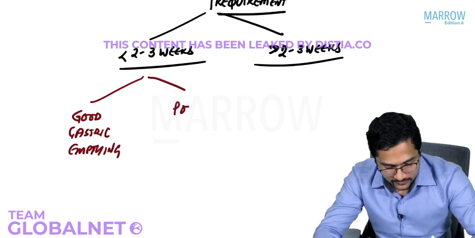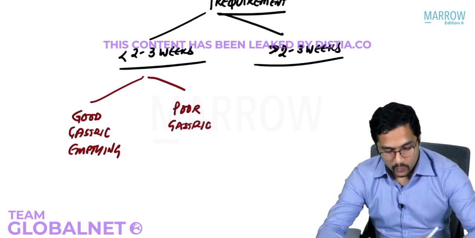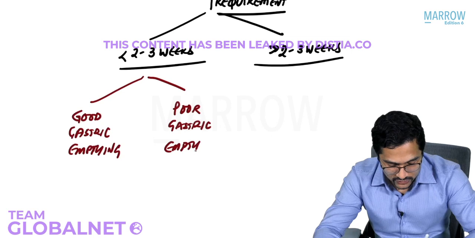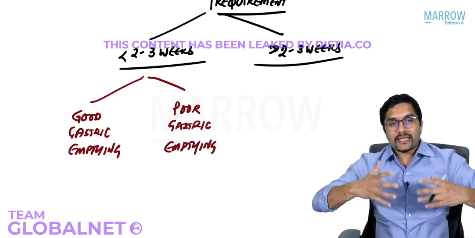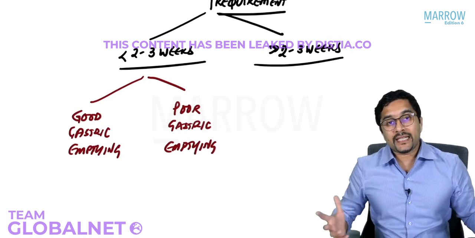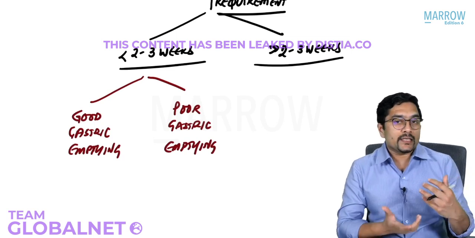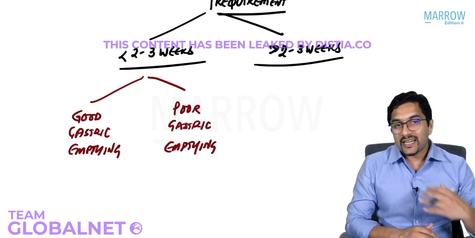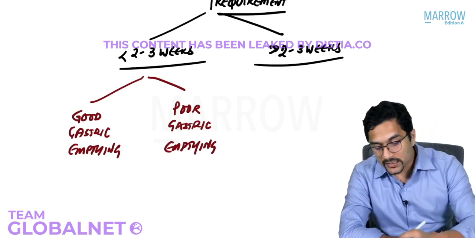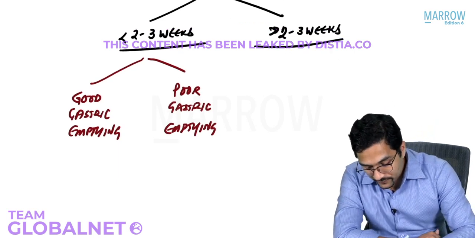And how do we get to know about good versus poor gastric emptying? If there is poor gastric emptying, the patient will have nausea, vomiting, and will complain of repeated bloating. All these are signs of poor gastric emptying, which will not be there if the patient has good gastric emptying.